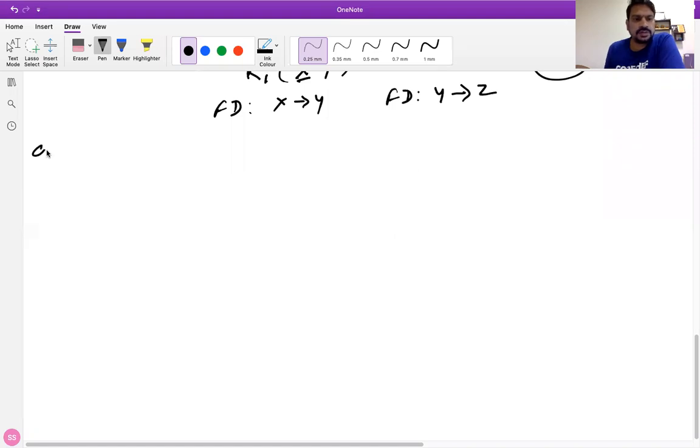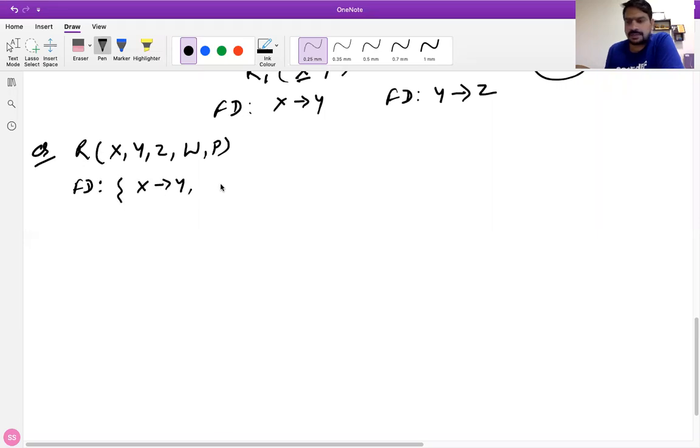Let's go for another question. X, Y, Z, W, and P. The functional dependencies we have are X determines Y, Y determines P, Z determines W. Now we have to solve it up to third normal form.